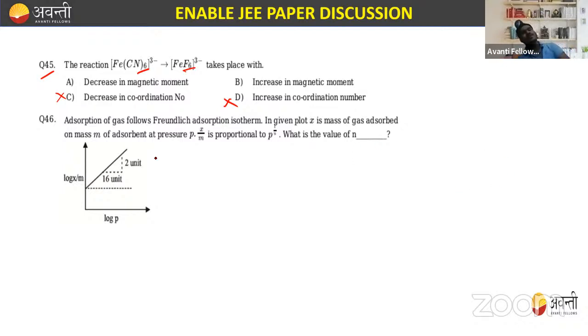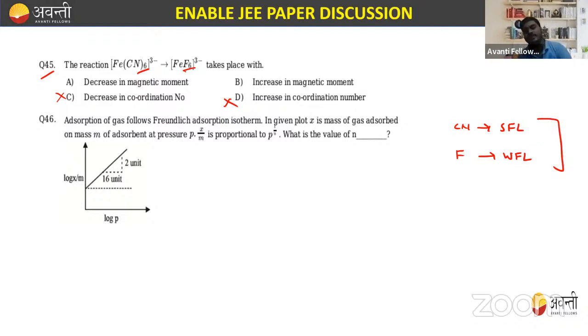Out of cyanide and fluoride, which one is the strong ligand? We all know cyanide is a strong field ligand, whereas fluorine is a weak field ligand. This is clear to everyone, I hope, right?